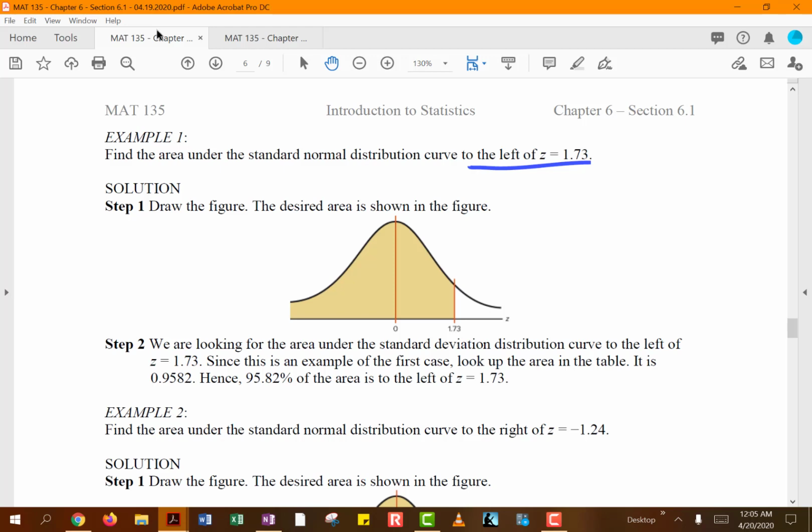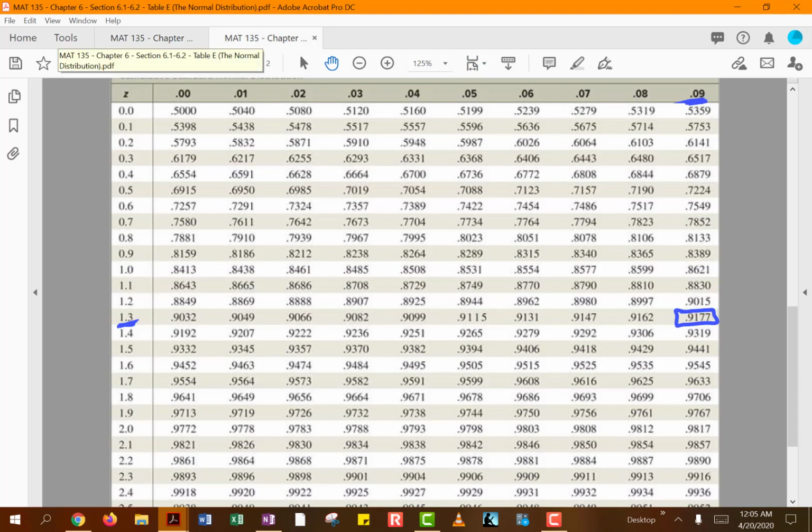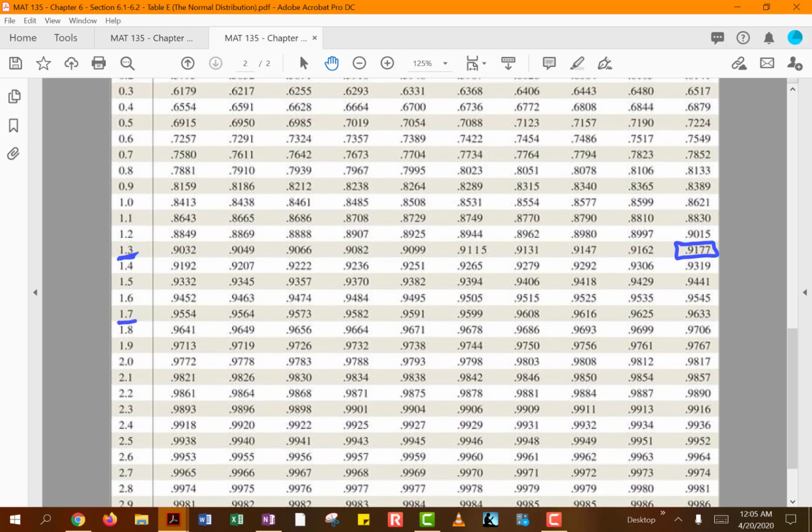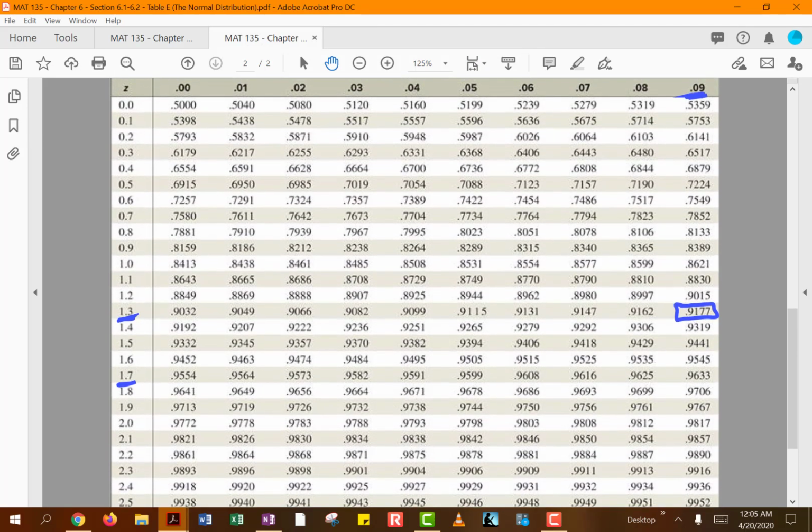So that means you're looking at 1.7 on your leftmost column, and then on the top row you are going to be looking at 0.03. Okay, so 1.7 will be right here, and then 0.03 is right here.